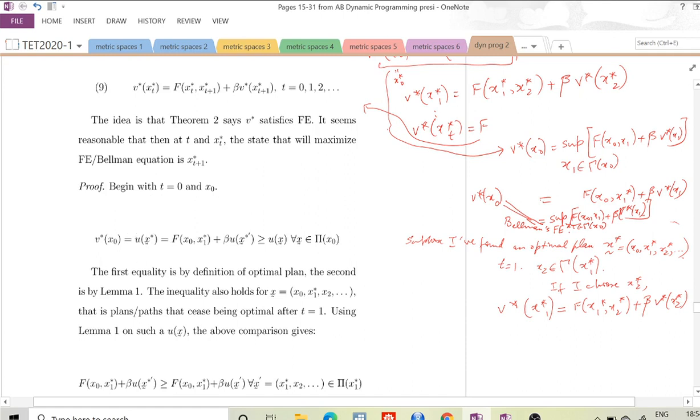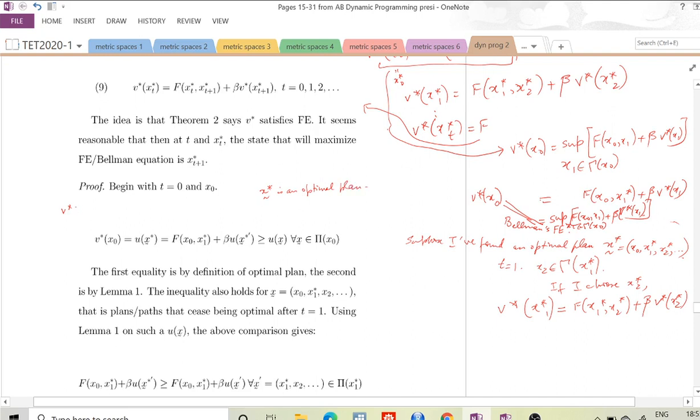So suppose I start with t equals 0. So what do I have? I have that x tilde star is an optimal plan, right?